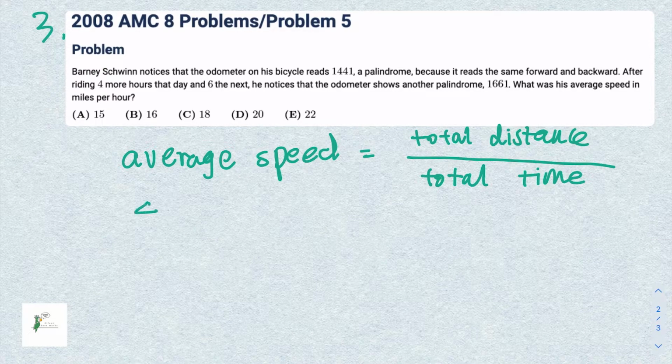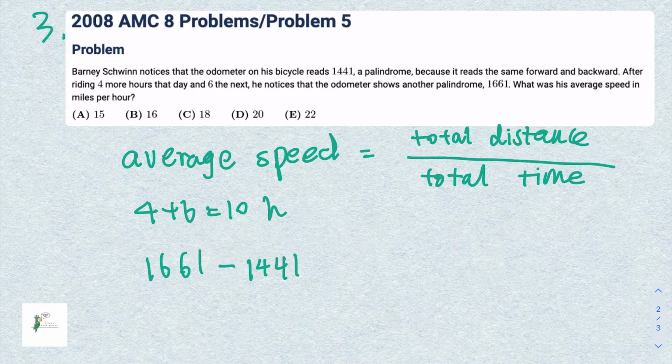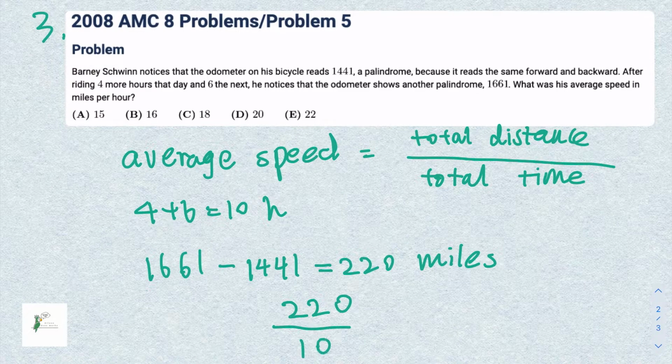The total time is 4 plus 6, which is 10 hours, and the total distance is 1661 minus 1441, because that's the distance covered in those 2 days, right? In those 10 hours. So this will be 220 miles. So to find the average speed, we just have to divide 220 by 10, and get 22 miles per hour.